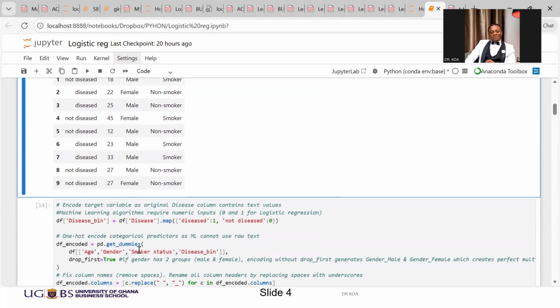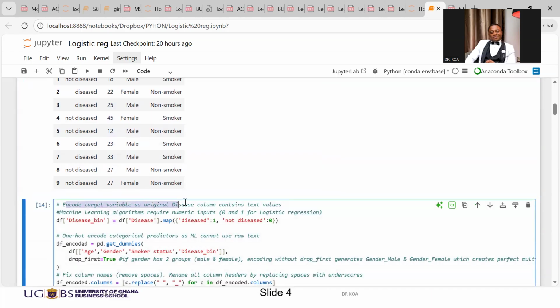So you encode the target variable, which is also binary here, and it's also text, actually. You encode the target variable and give it a new name because you don't want it to contain the text. Like I said, machine learning algorithms require numeric input, 0 and 1 for logistic. So the disease, I'm going to code it as disease_bin.